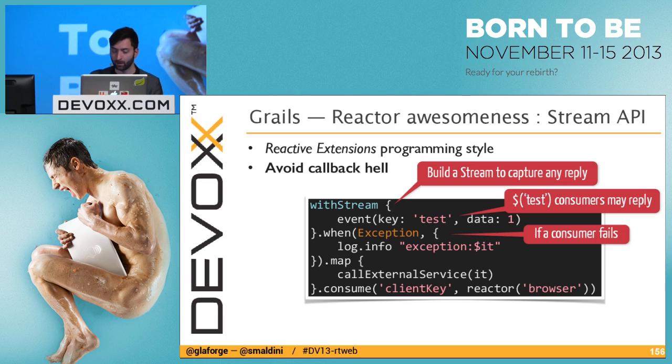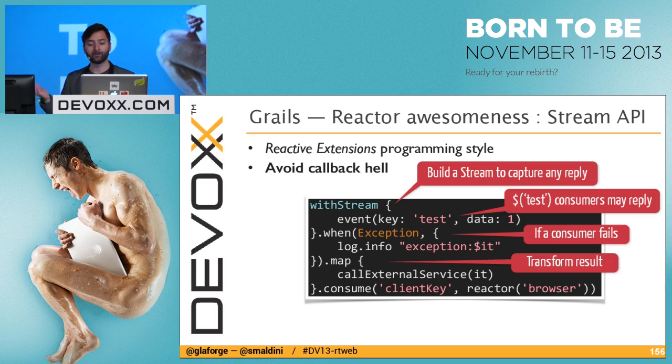Well, the map: if after the reply you want to apply all the inline transformations, calling a specific service that only your producer knows about, it's cool to pipe all these operations directly from your producer perspective.